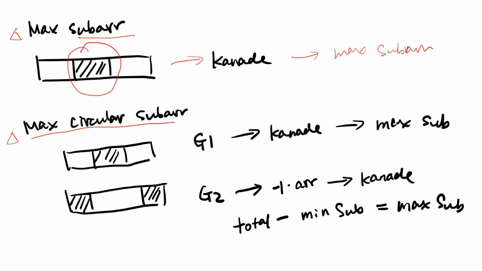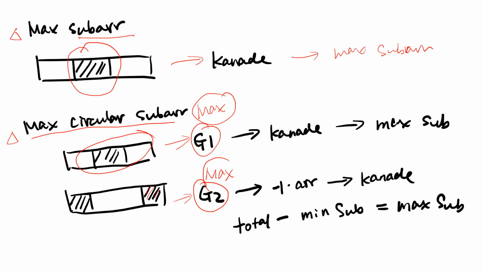This kind of subarray, like before, belongs to group one. We have a group two, which is this circulated manner. So we need to find the maximum subarray from both, maximum here and maximum here. Then we compare them with each other, and return the maximum of these two candidates.